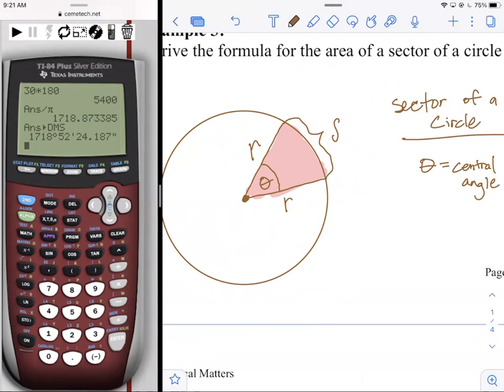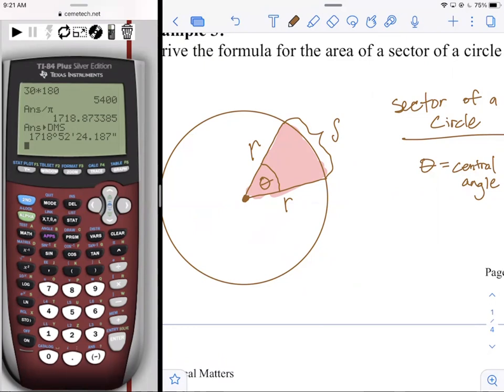We have to derive a formula for the area of that. I don't know if you know it from geometry. Maybe you still have it memorized. Let's say we're on an island and we forgot to bring our sheet of formulas. We just have to use what we know. We need to find the area of that sector.